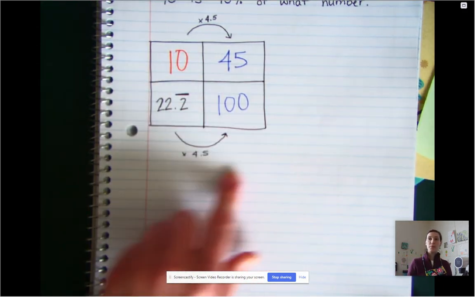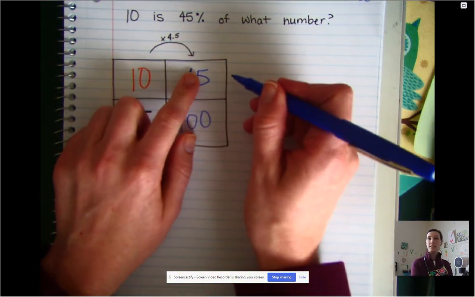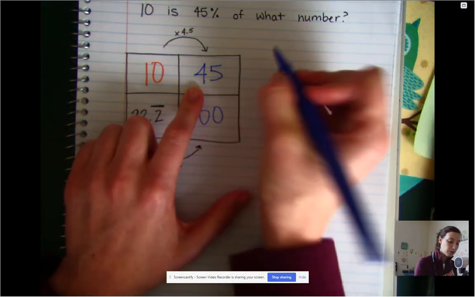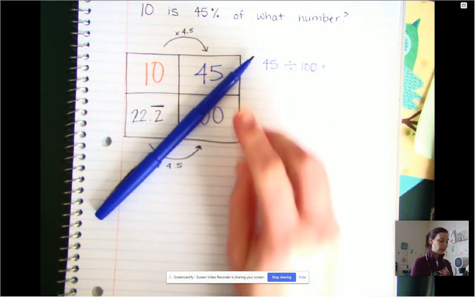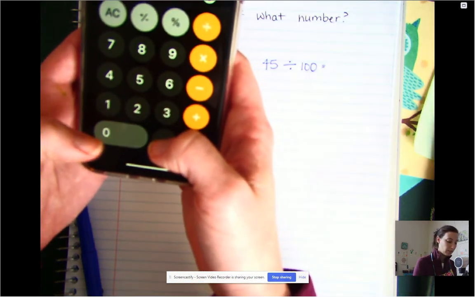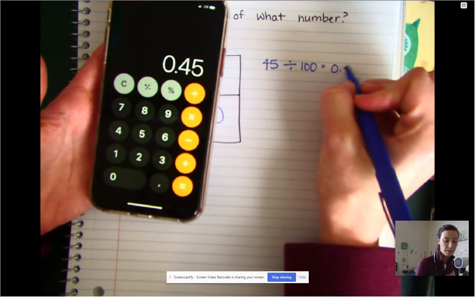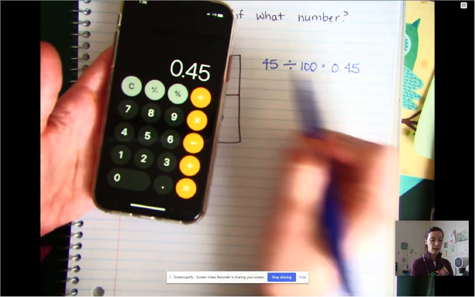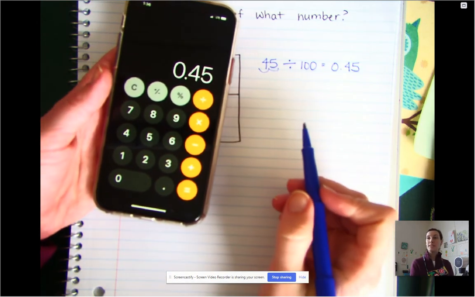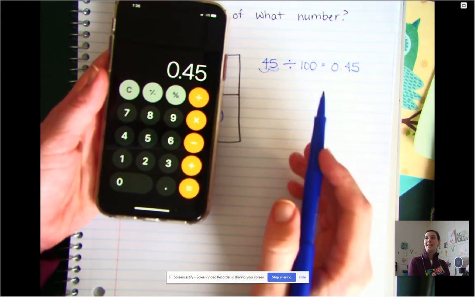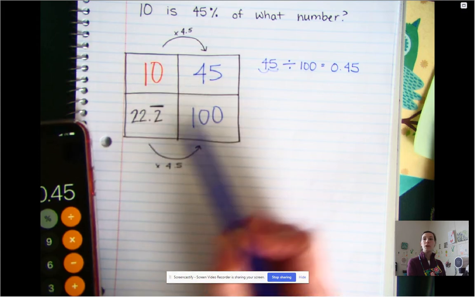Okay? So the other way now to think about this, if we think about doing it a more procedural way, we would still start on the right-hand side. We would do 45 divided by 100, and we get 0.45. This should not be a surprise to anyone, right? Because when we divide by 100, all we're doing is moving the decimal 2 spots over. Okay? Now, this is where it's a little different. Instead of taking that number and multiplying it by what's on the bottom, we don't know what's on the bottom.